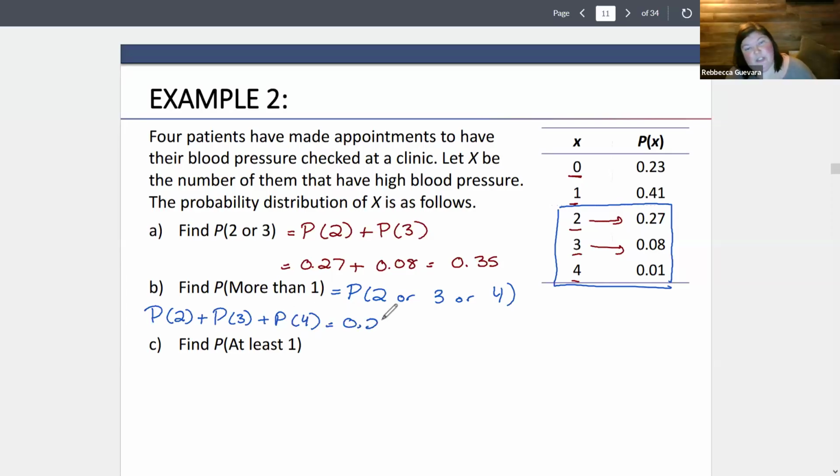So that's 0.27 plus 0.08 plus 0.01. In this case, we are going to have 0.36. So there's a 36% chance that more than one of my patients is going to have high blood pressure.